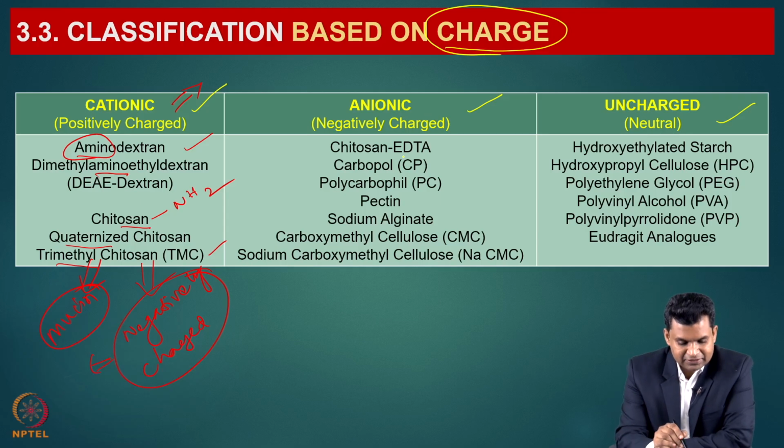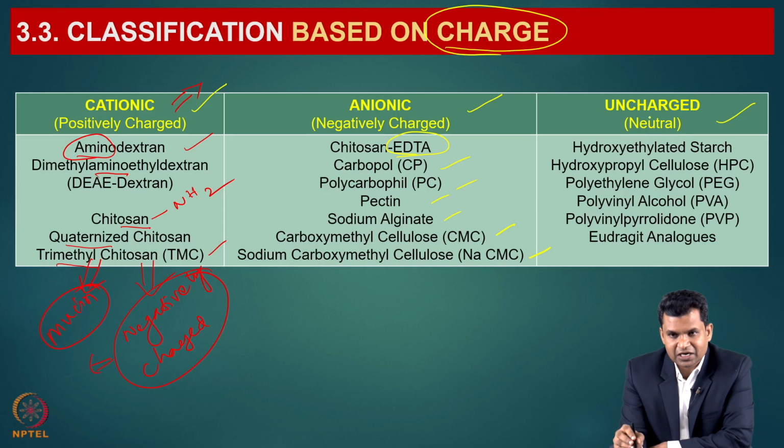And for the anionic, yes, you can make a synthetic chitosan EDTA that will give the negative charge, carbopol and polycarbophil, pectin, sodium alginate, and CMC and sodium CMC. This will give negative charge, as most of them contain carboxylic groups, which will give the negative charge.